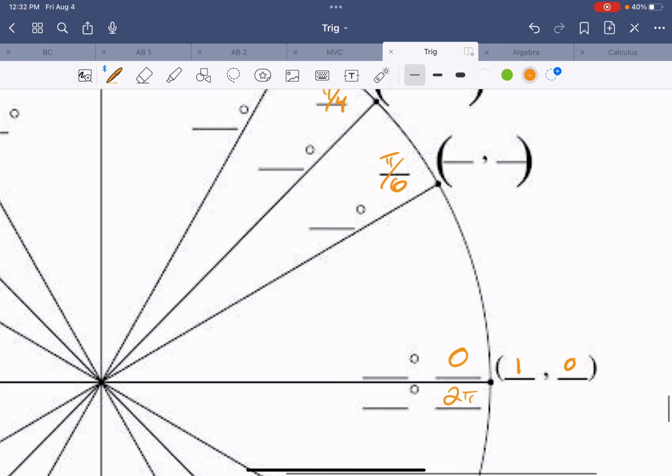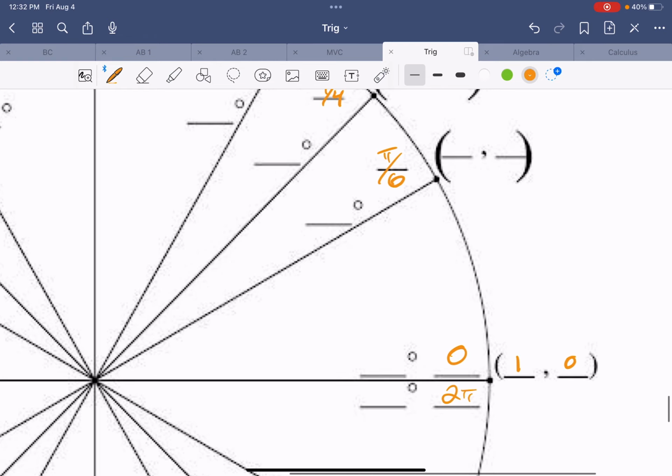Well, if we look at the pi over 6 here, in order to get to this coordinate, I have to travel further horizontally than I do vertically. And in fact, this is the furthest horizontally I can get from the origin for one of the 3 fractions, and it's the closest to the origin I can get in terms of y vertically.